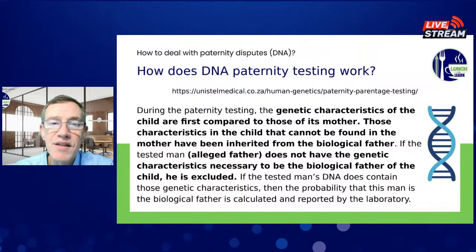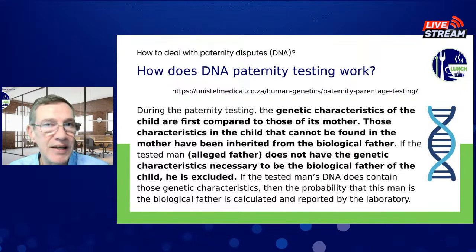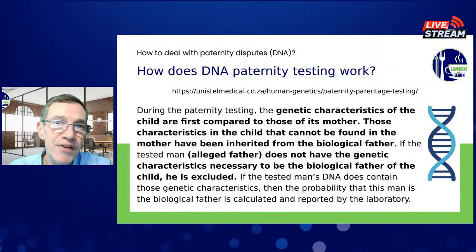Those characteristics in the child that are not found in the mother are considered to have been inherited from the biological father. So if the tested man, the alleged father, does not have the genetic characteristics necessary to be the biological father, he is then excluded. This is all done scientifically, in a laboratory under very specialized clinical conditions.